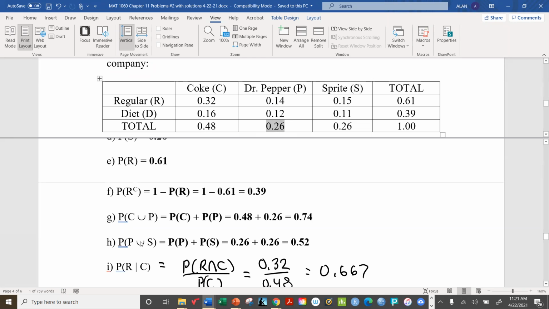Now we can do the same thing with Dr. Pepper and Sprite. We can simply combine these two columns, and just by coincidence they're equal to each other, so the sum is 0.52. Nice.